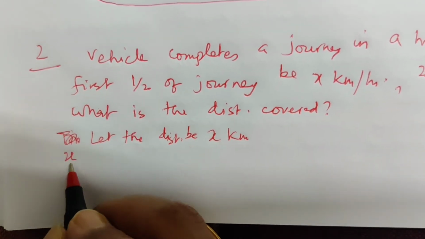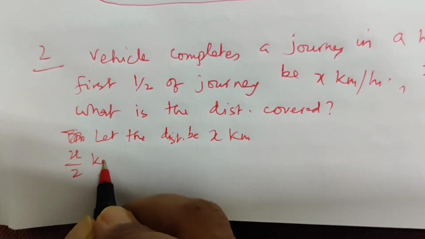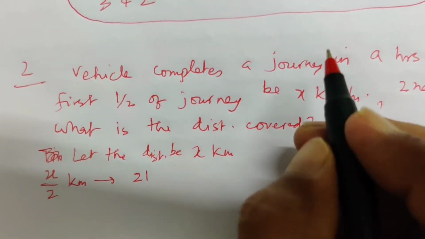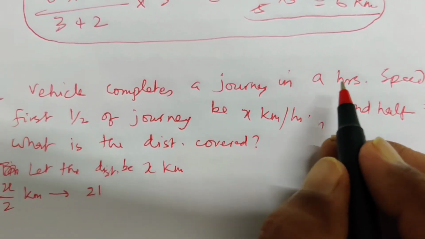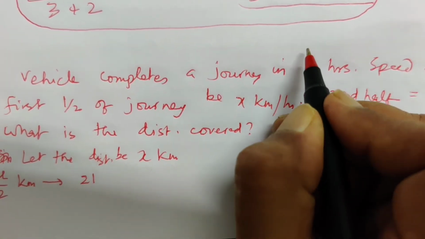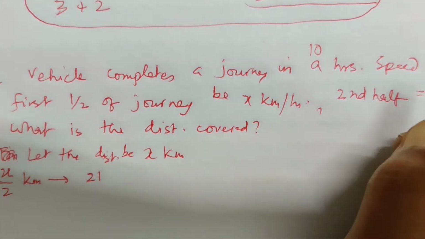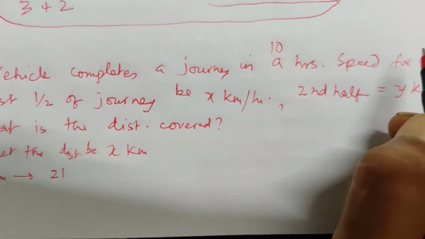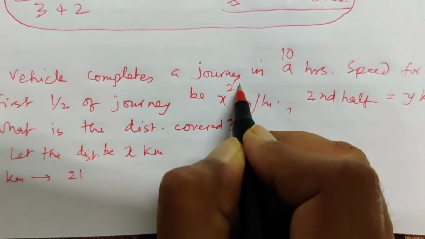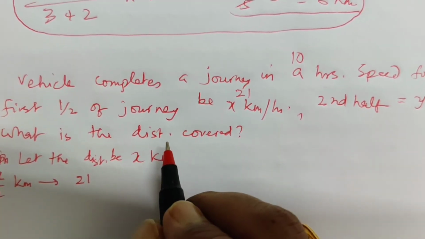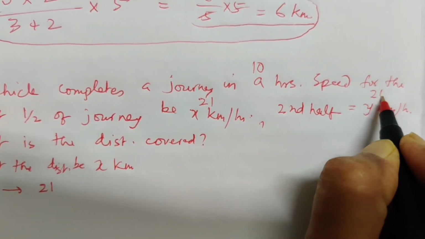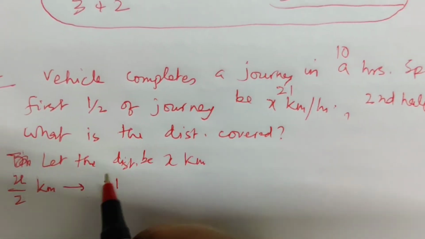First half is x by 2 kilometer. So x by 2 kilometer is travelled in, let this be, instead of 8 we are doing it 10 hours. The first speed we have taken is 21 kilometer per hour, and second half y is equal to 24 kilometer per hour.